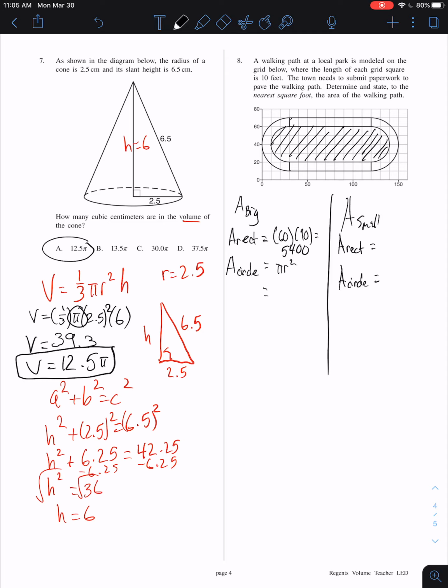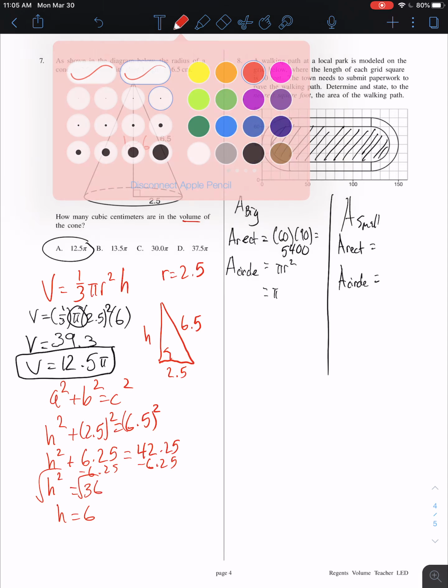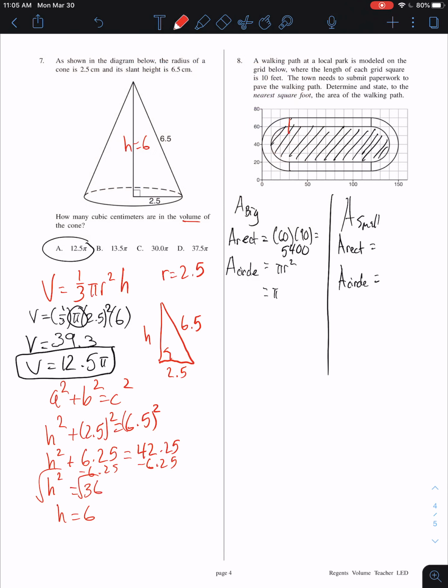Now I'm going to leave this in terms of pi. So pi, and my radius here is going to be, let's draw it in red so you can see, 10, 20, 30. So 30 squared is 900, so I get 900 pi. So that would make the area of the big 5,400 plus 900 pi.